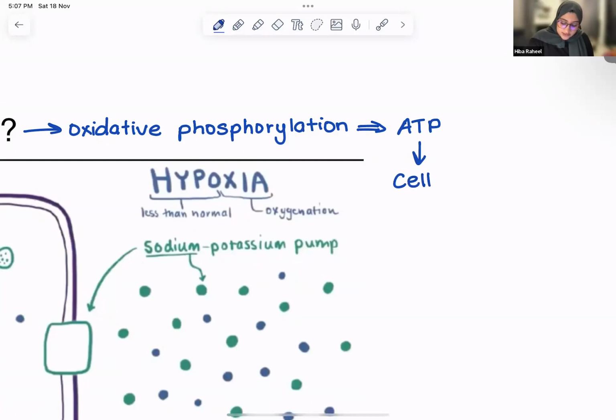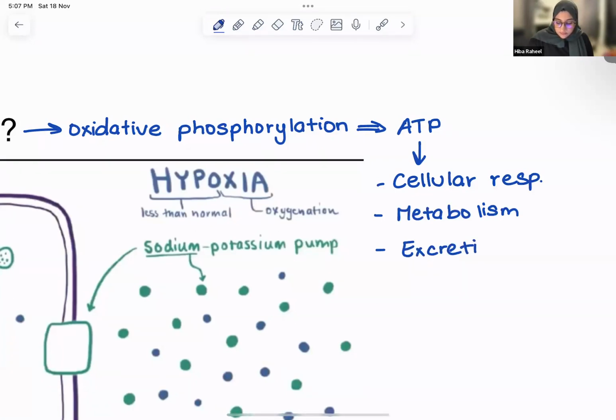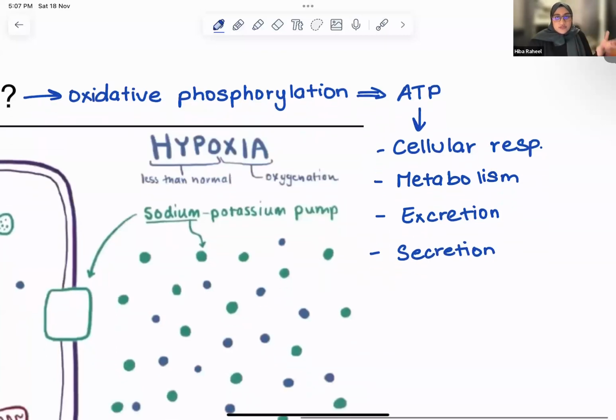We need it for cellular respiration, metabolism, excretion, and secretion. These are just the surface reactions. There are so many things that we need ATP for, and that is the importance of oxygen.